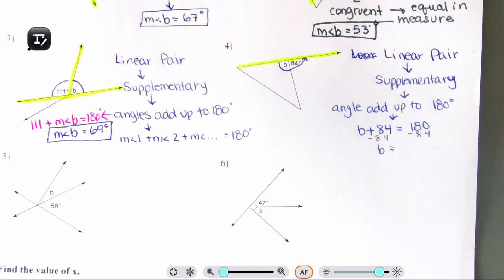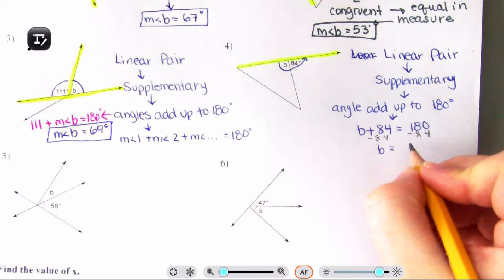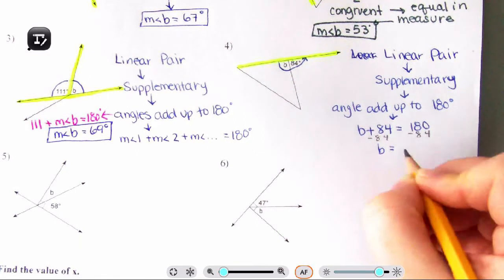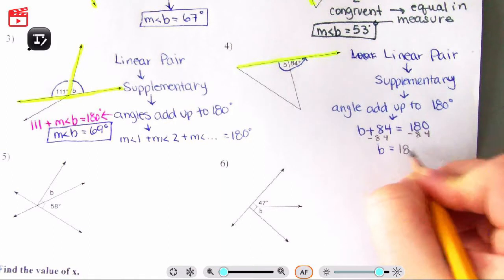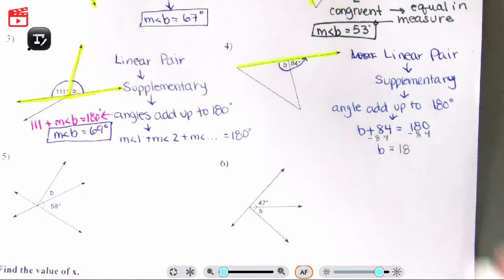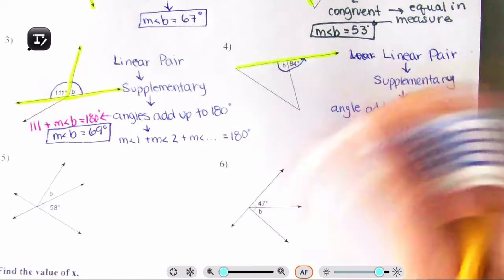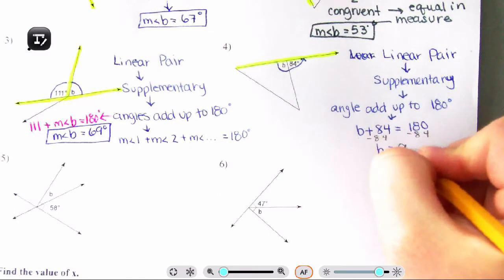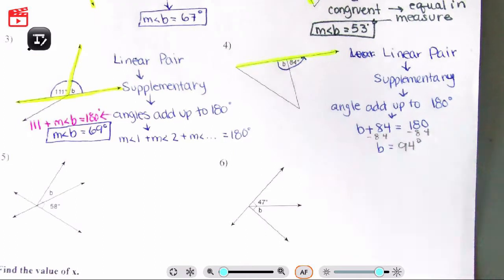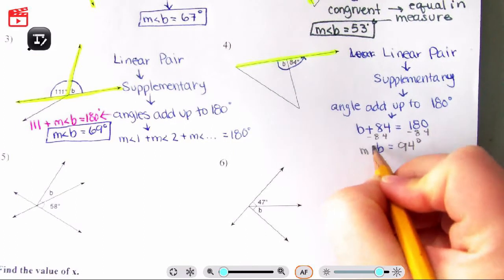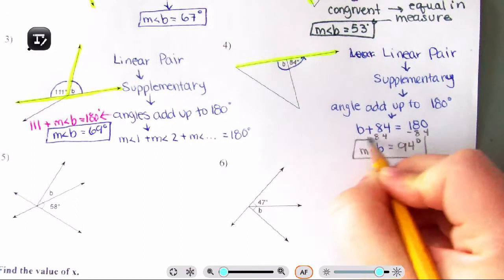That is 96. Then we double check: is 84 plus 96 in fact equal to 180? I think I said 170 earlier, but we need 180, and it does in fact equal 180. So B is 96 degrees, or you can say the measurement of angle B is 96 degrees.